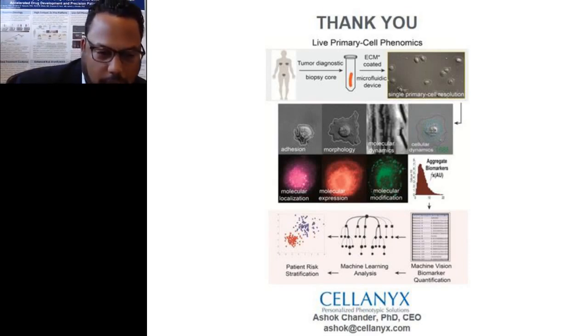So I think the most important and promising application of live cell phenotypic biomarkers, in as much as diseases are dynamic and complex, and the understanding of dynamic biomarkers may add important information to that understanding, is really risk stratification and patient categorization.